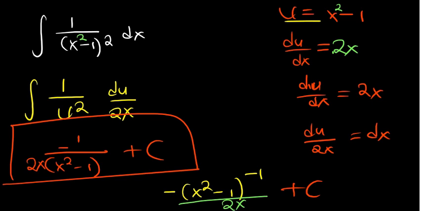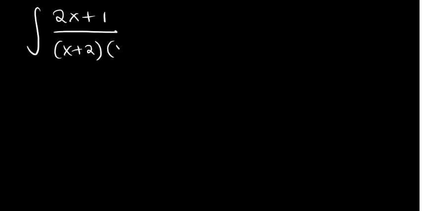Okay, so we'll start with a basic one. How do you integrate (2x plus 1) over (x plus 2)(x minus 1)? Before we integrate this, we need to split it into its partial fractions.